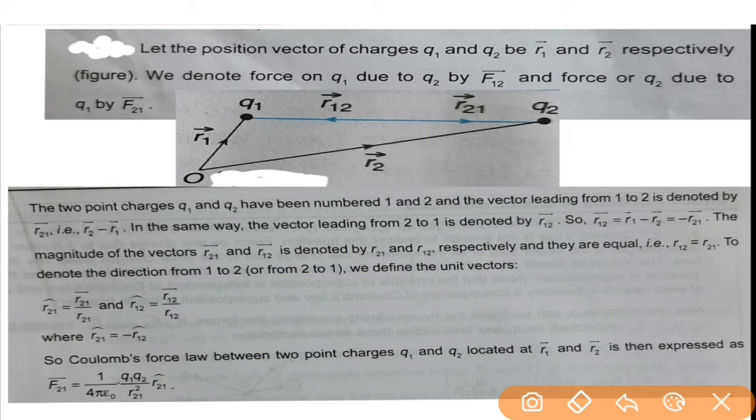We consider two charges q1 and q2, and let the position vectors with respect to the center O, that is the 0 0 point, be r1 vector for q1 and r2 vector for q2, respectively.